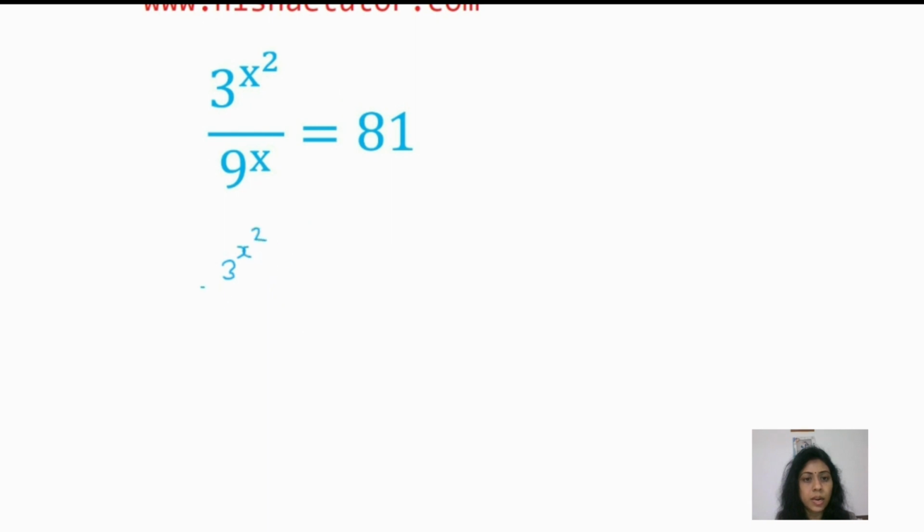3^x squared, and here 9, so we can write 3 squared to the power x equals 81. We can write 81 as 3 to the power 4.